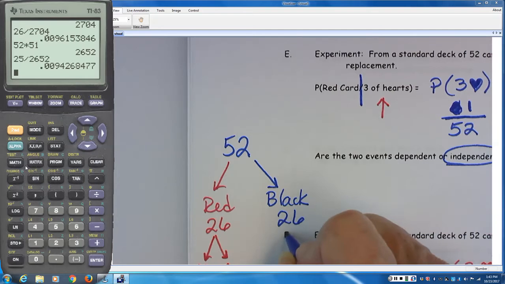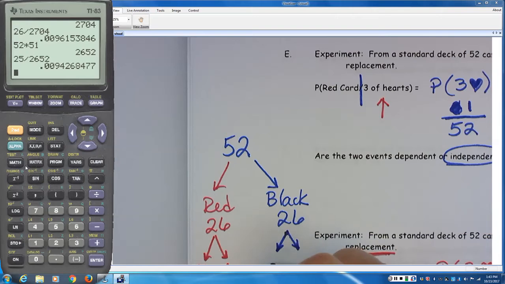And the same thing with your black cards. Your black cards are divided into spades and clubs. And there's 13 of each one of those.